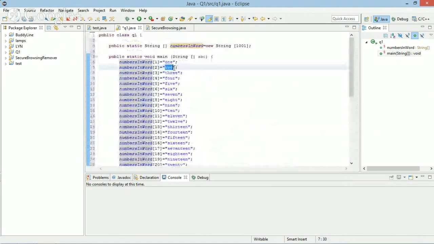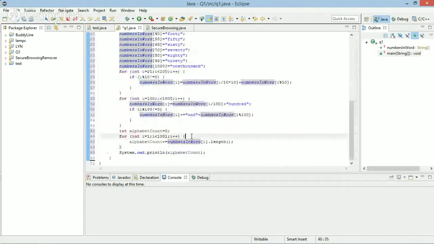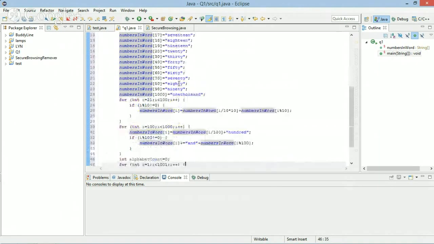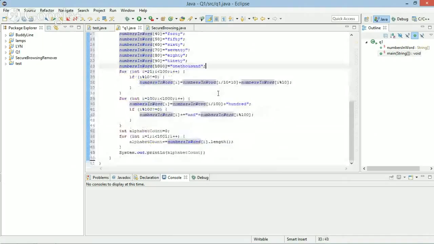The length is 3, so we will add it to the existing value, which will become 6. And 3 is 5 letters, so we add it to the existing value of 6, and the value becomes 11. Eventually we will get the total number of letters used, which is the answer.